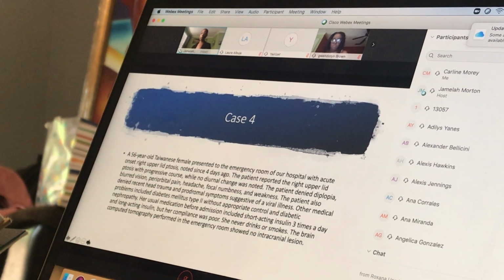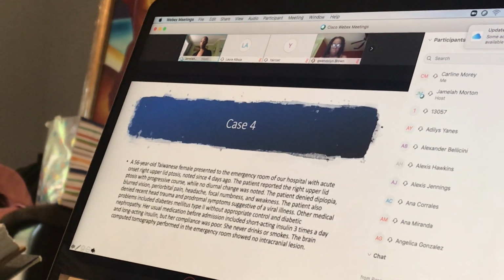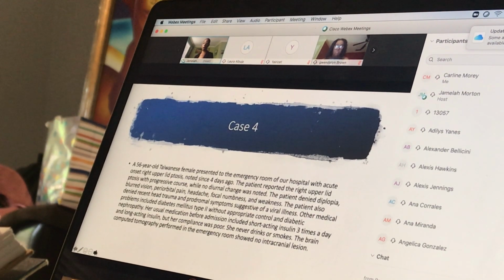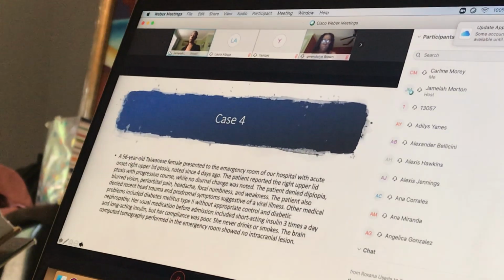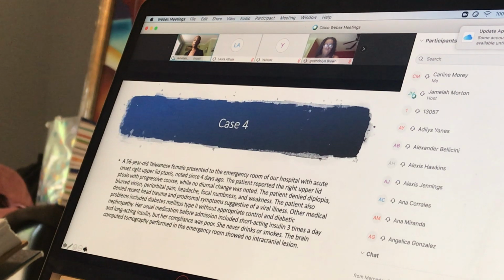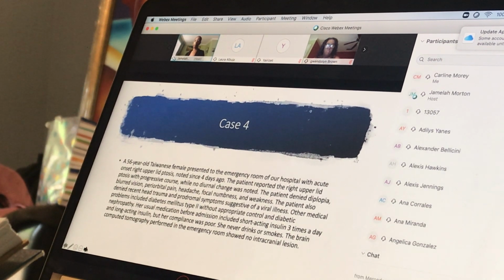Other medical problems include diabetes mellitus type 2 without appropriate control, and diabetic nephropathy. Her usual medications before admission included short-acting insulin 3 times a day and long-acting insulin, but her compliance was poor. She never drinks or smokes. The brain CT performed in the emergency room showed no intracranial lesions.